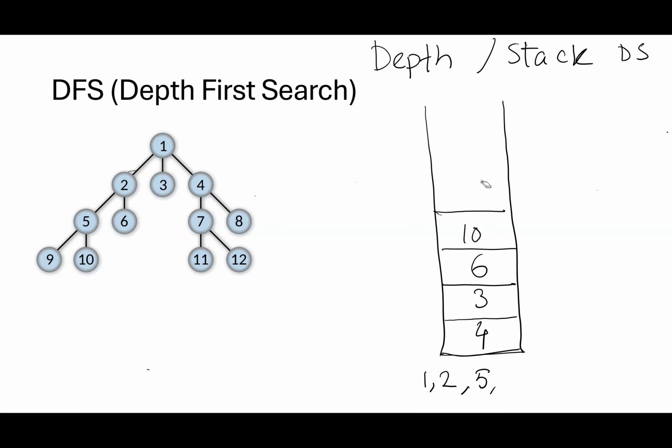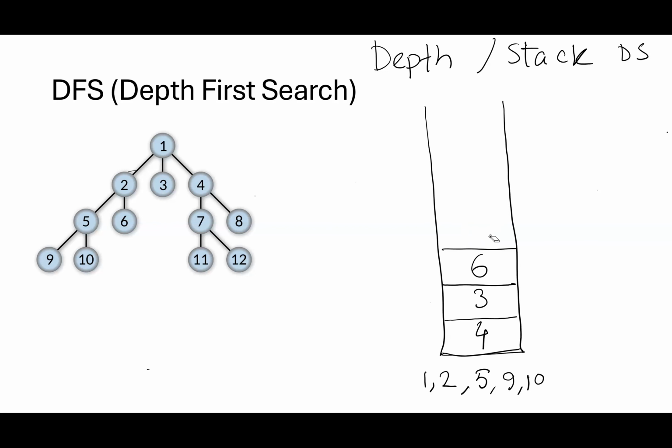Now it's time to pop again. So we pop 9. You see 9 doesn't have any children, so nothing to push. Then we pop 10. 10 doesn't have any children, nothing to push. Now you see that we have gone all the way to the depth, and now we are coming back because we are exhausted there.